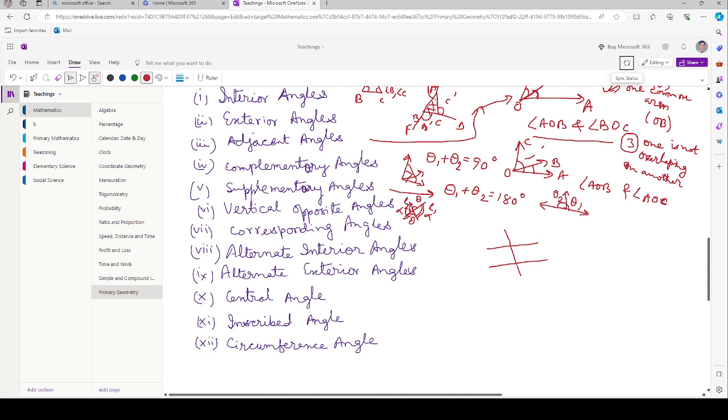What is a transversal line? I already discussed.